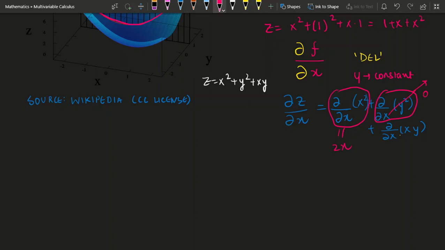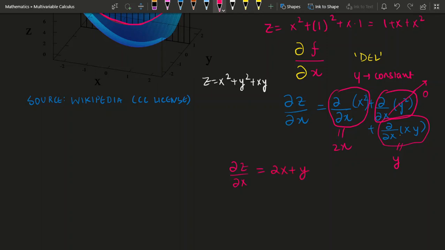In the third part of this expression, y is a constant, however x is not, so it's just equal to y, since del x over del x is just 1 and y is a constant. You're only left with y as the answer for this third expression. And if you write it down, del z over del x would be equal to 2x plus y.